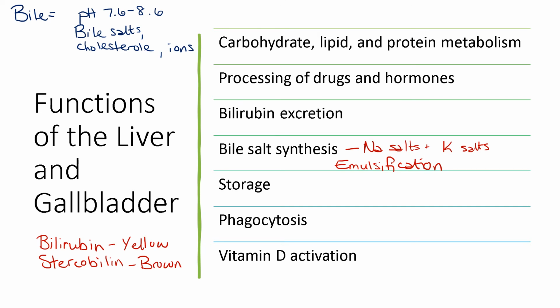And these small lipid globules present a very large surface area that allows pancreatic lipase to more rapidly accomplish digestion of those triglycerides. So this emulsification increases the surface area of those lipids and allows for pancreatic lipase to quickly digest the triglycerides.